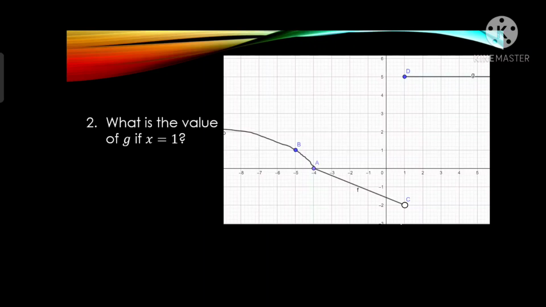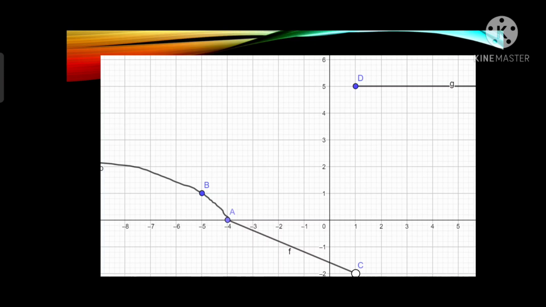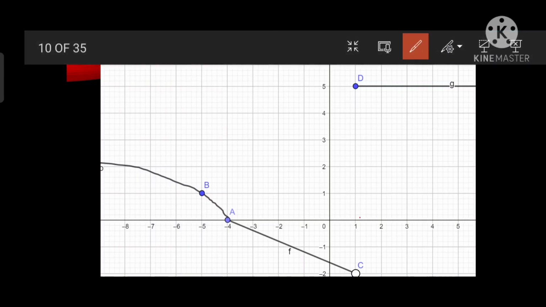And for our second question, what is the value of g if x equals 1? Again, we apply the three simple steps. The first step is to find the x value on the x-axis. In the second question, we mark 1 here on the x-axis.